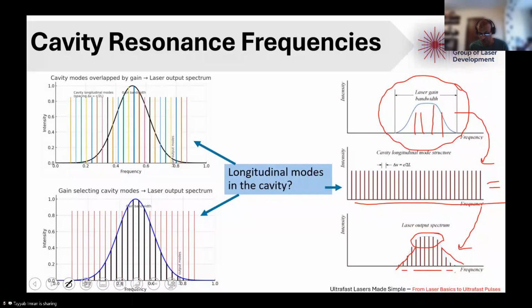Anyway, this is the relation between gain and resonant frequency.